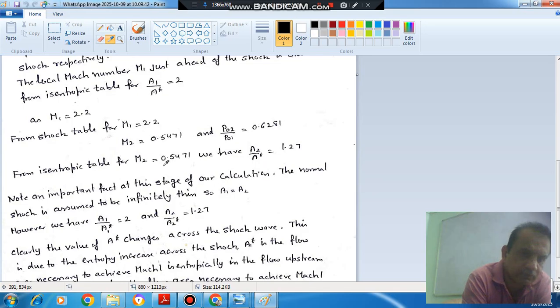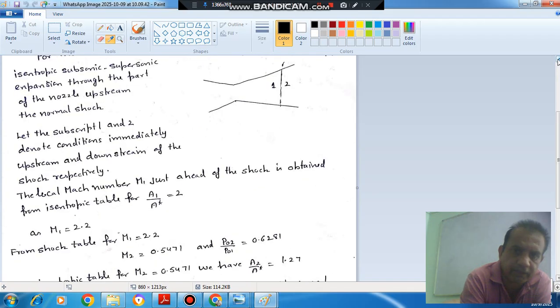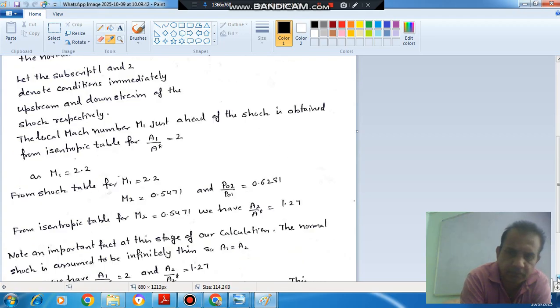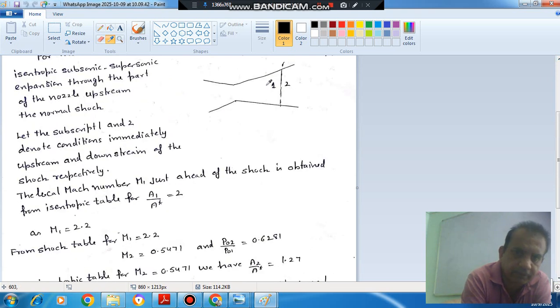So now corresponding to M2 0.5471, A2 by A star is 1.27. And the area at 1 and at 2 is the same, because shock is a very thin phenomenon. So A1 and A2 can be taken as the same, but for this part A star is this quantity, and for this part the A star will be different.